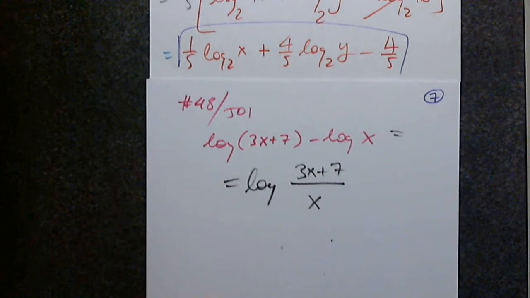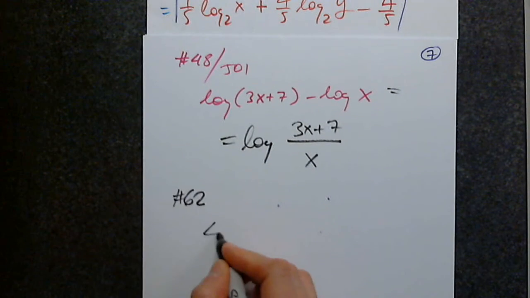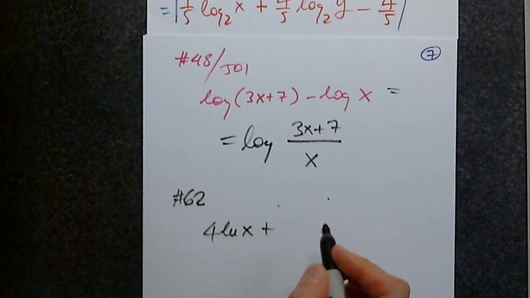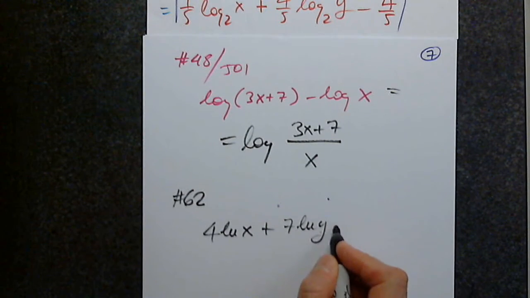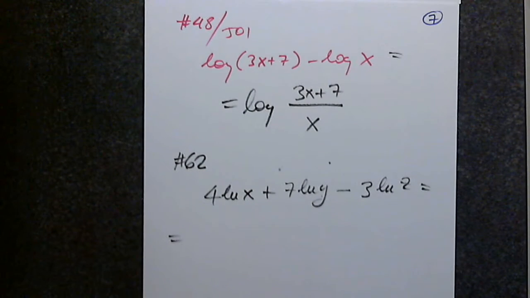So let's take a look at 62. 4 natural log x plus 7 natural log y minus 3 natural log z. This is not cleaned up, but you already know that 2 quantities will end up at the top of the divider and 1 quantity will go to the bottom.